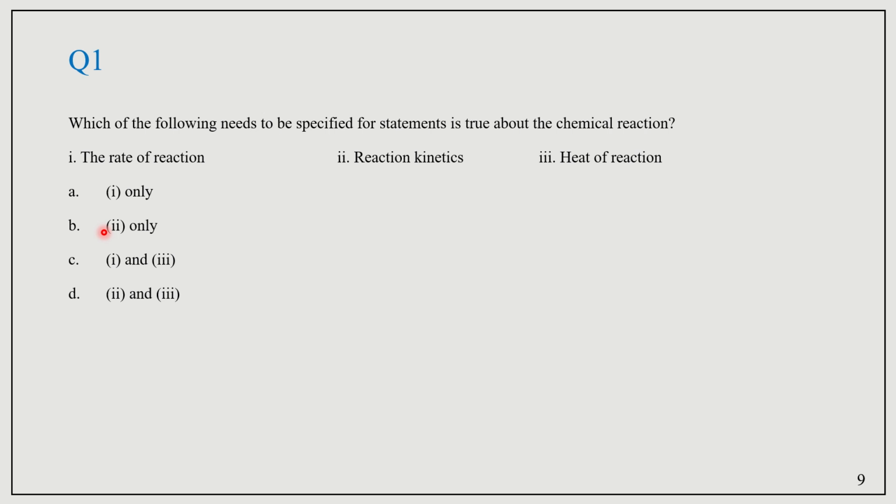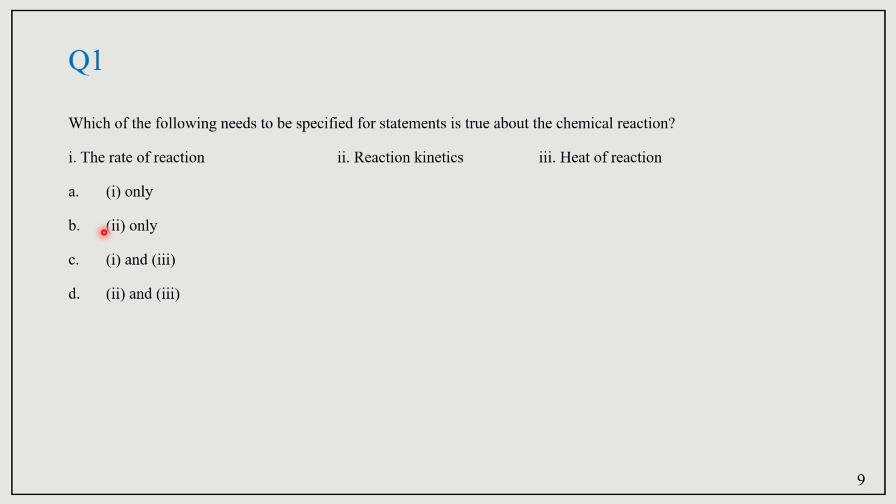So when we are dealing with a chemical reaction in a CFD problem, what are all the things that need to be specified? First one is rate of reaction, second one reaction kinetics, and third one heat of reaction. So first we'll go through step by step. Rate of reaction varies with respect to time and position, and it gets calculated if we know certain reaction kinetics parameters.